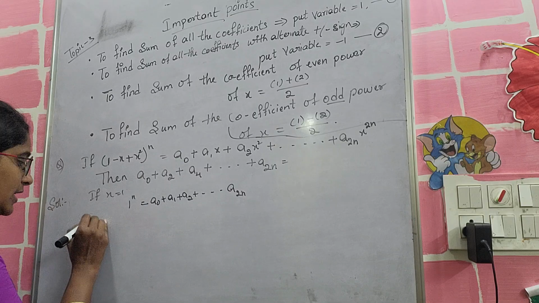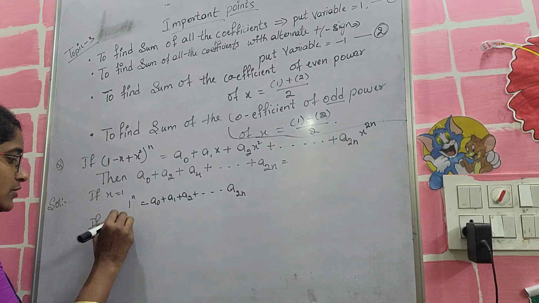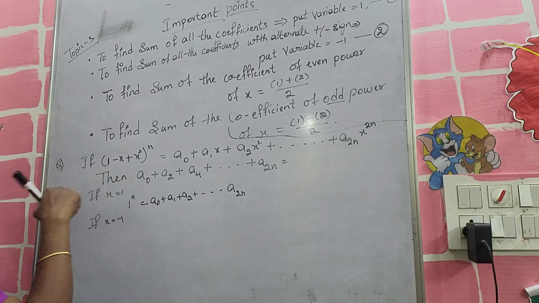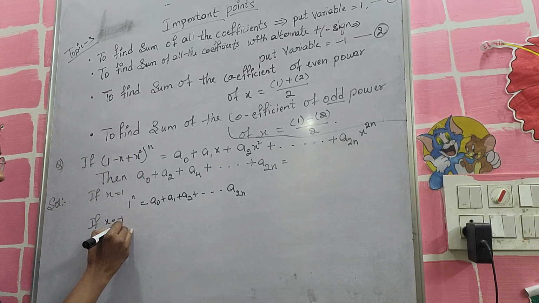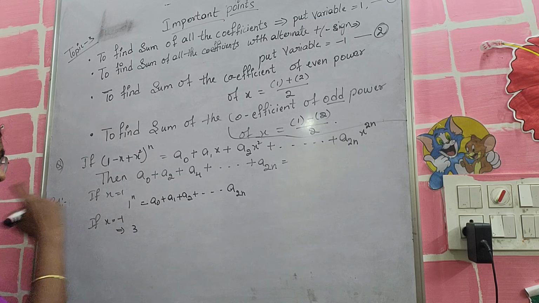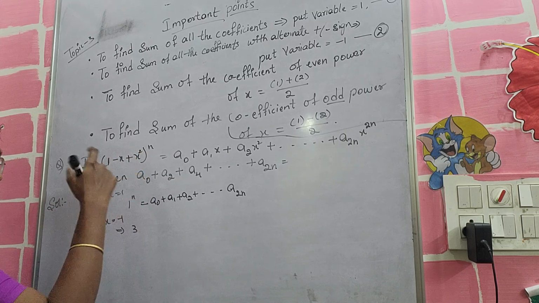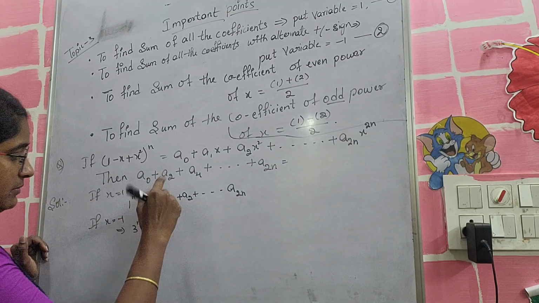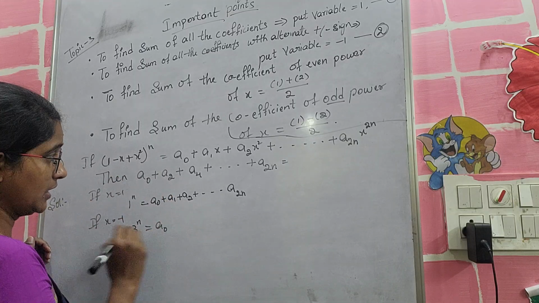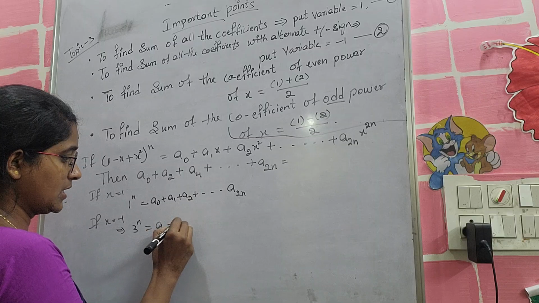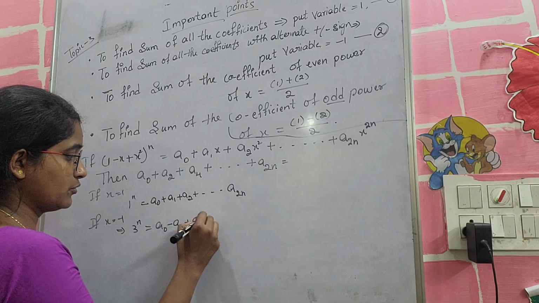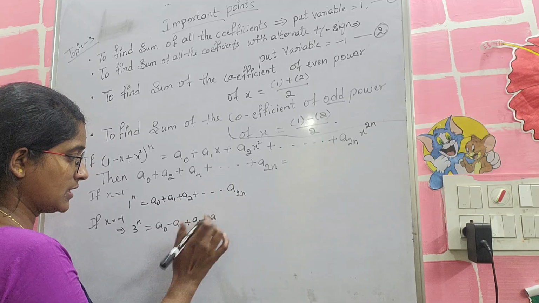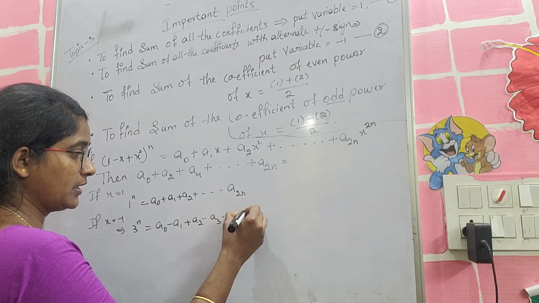Now if I keep x = -1, what am I going to get? -1 into -1 plus 1: 1 + 1 is 2, and this is also 1, so I am going to get 3. So 3 power of n equals, if I keep minus, a0 - a1 + a2 - a3 and so on, up to a2n, since it is even.